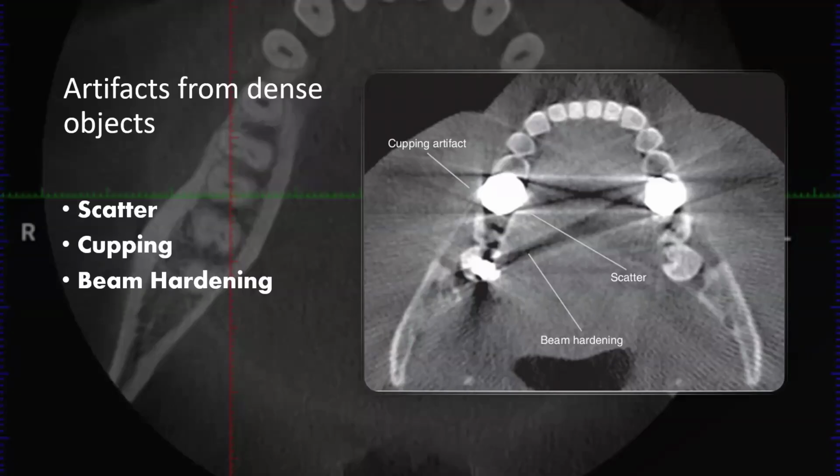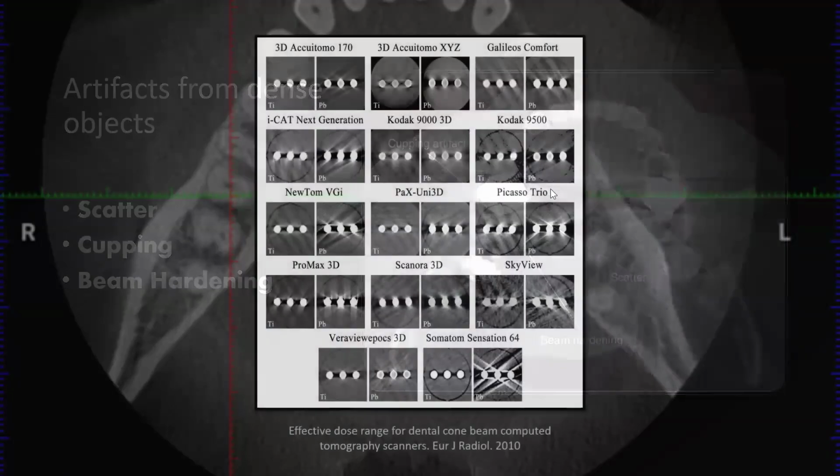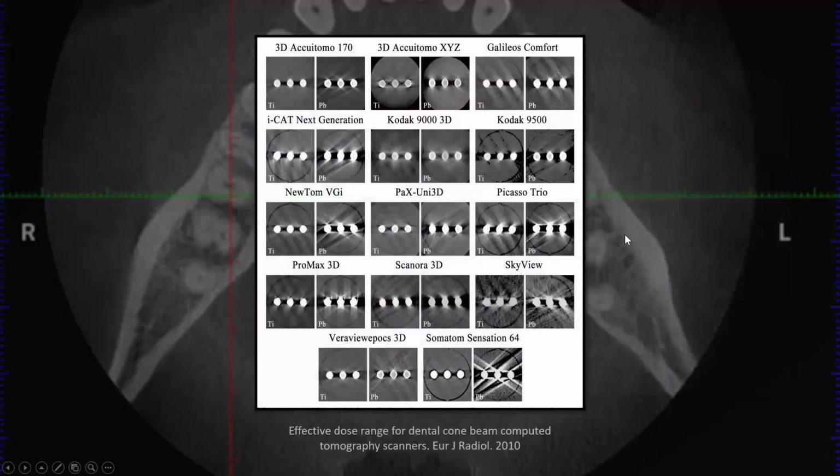So metal, or even gutta percha, to some degree composite, and to a lower degree even enamel can create some of these artifacts. But it's really only going to streak like this with metal. These show some different types of metal, titanium versus lead, and then implants seen in cylinders inside some of these machines, and how they look.